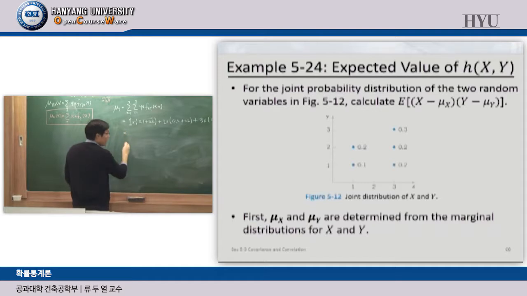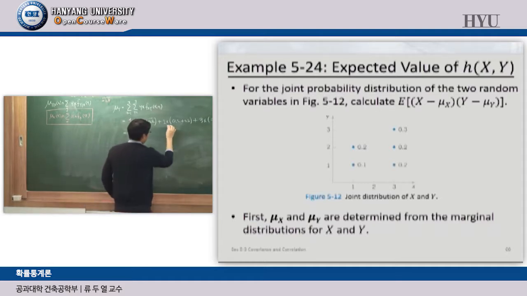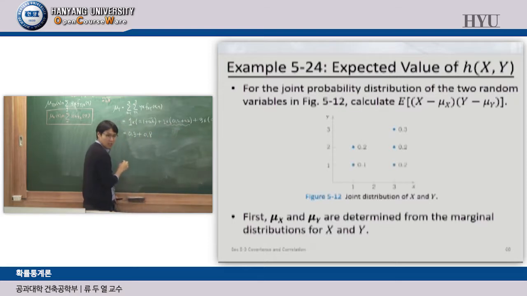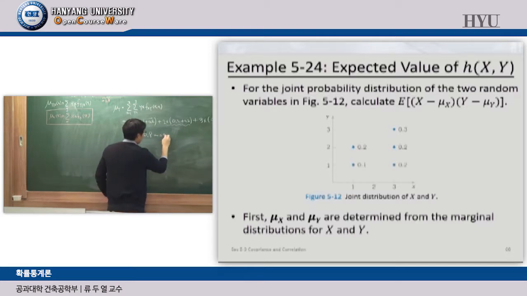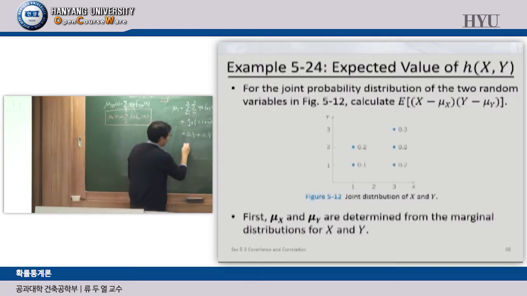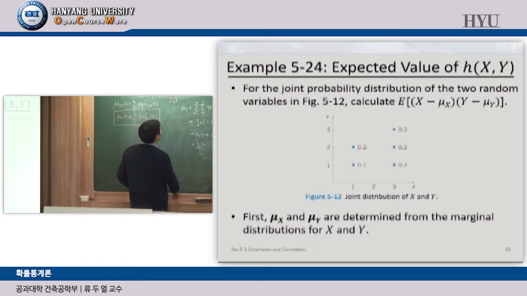So this can be 0.3 plus, what about this? 0.8, and that is 0.9. So the answer is 2.0. So this is equal to 2.0.